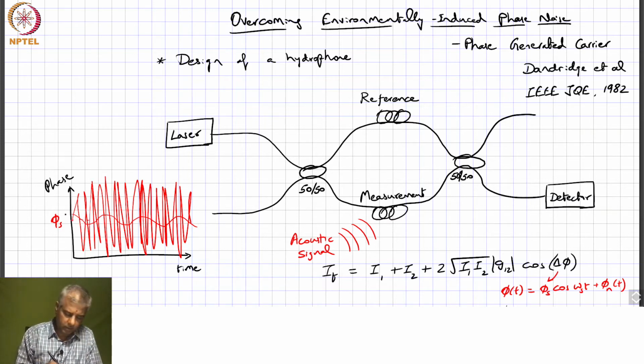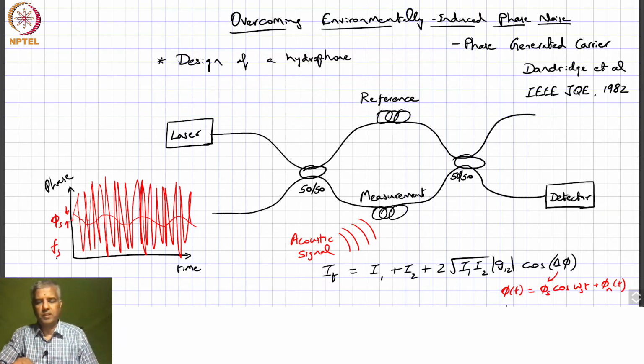That's basically the amplitude over here, and with a periodicity, let us say corresponding to Fs, okay, with frequency Fs. How do you pick up this signal from the noise? Okay, that is the challenge.